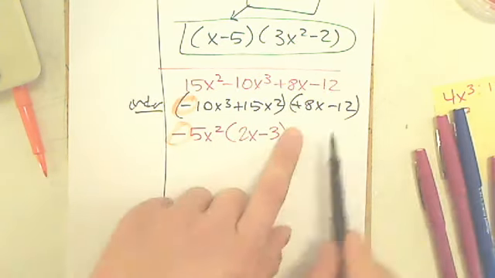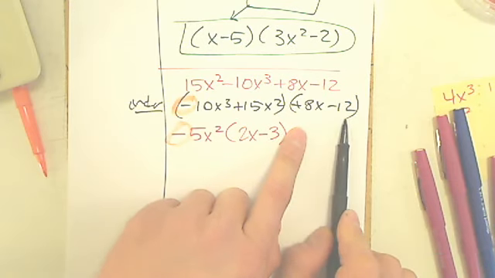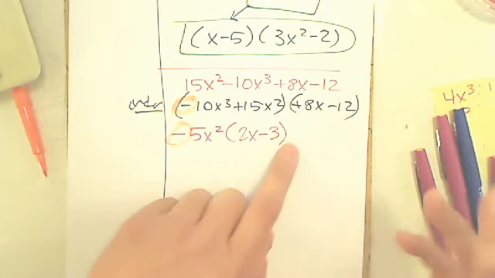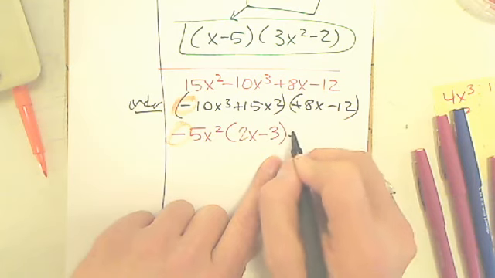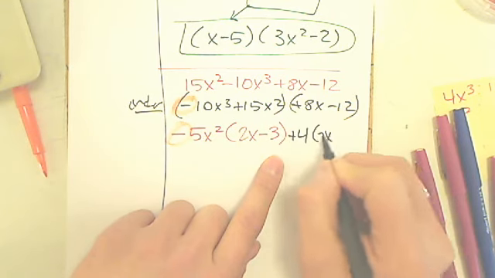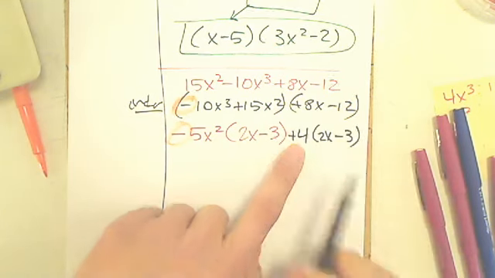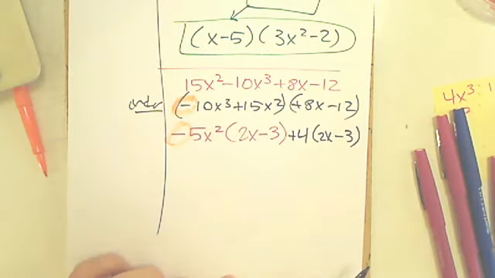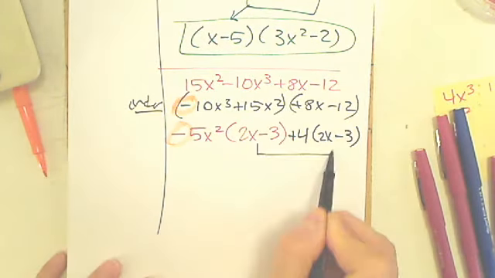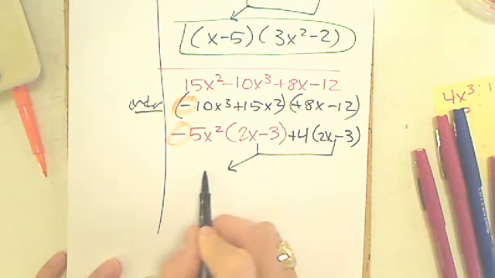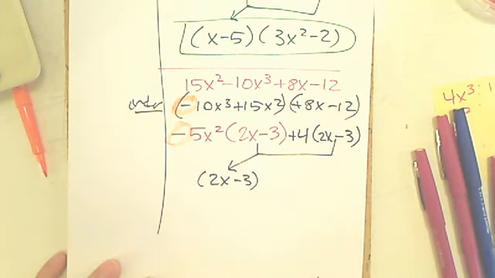Okay. What about the second part? 8x minus 12. The GCF. Positive or negative? Positive. It's still 2x minus 3. 8, negative 12. Okay. There's your common. What's your leftover?